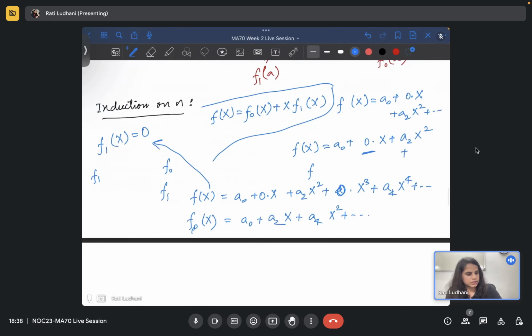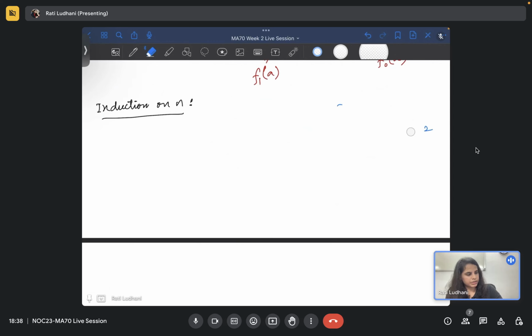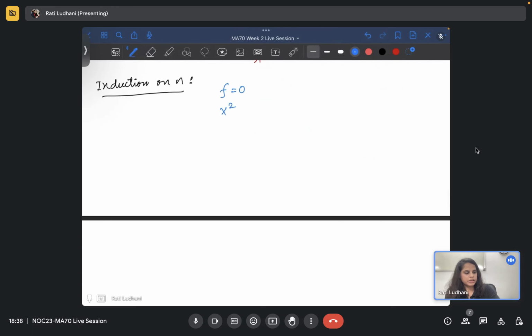Okay, so let's see. So let's try induction on n. For induction on n, firstly, if f is 0, you have nothing to prove, because x square minus a will anyway divide, and f0 of a, f1 of a will be 0, because these are 0 polynomials.